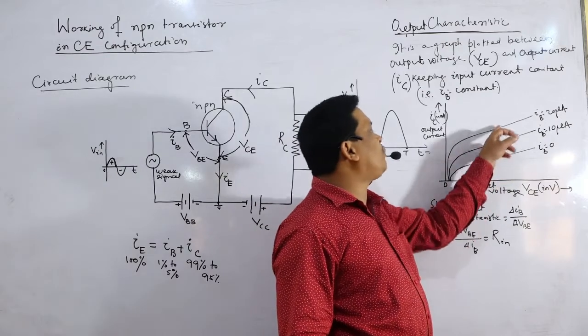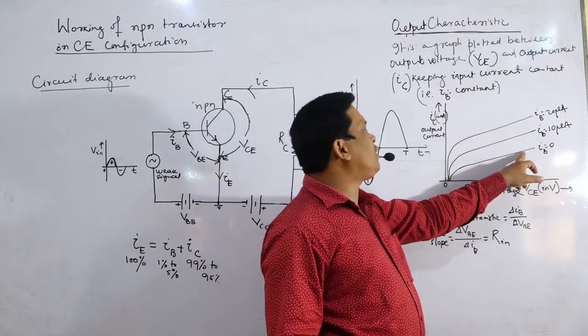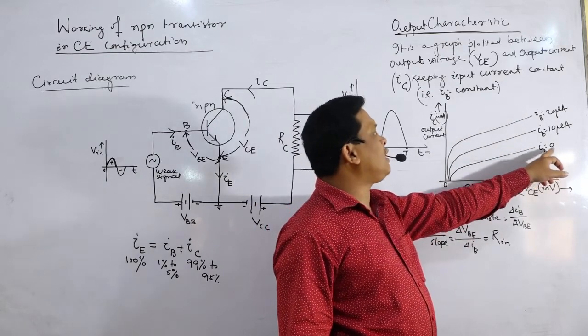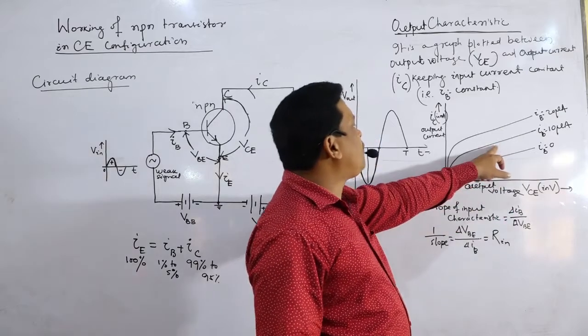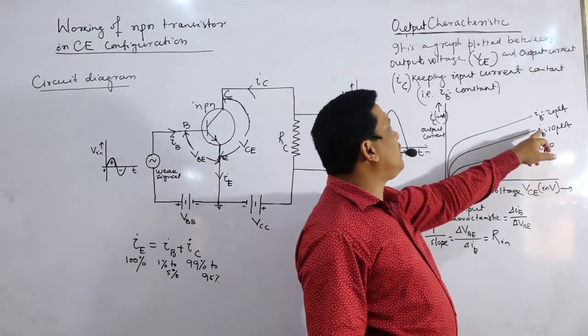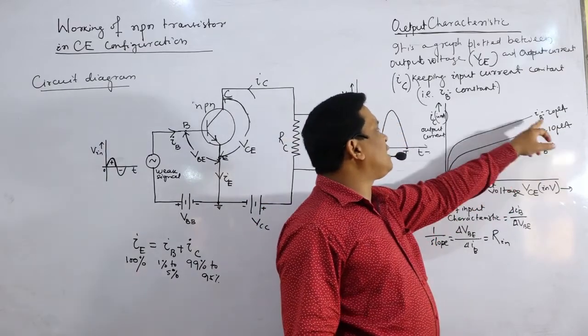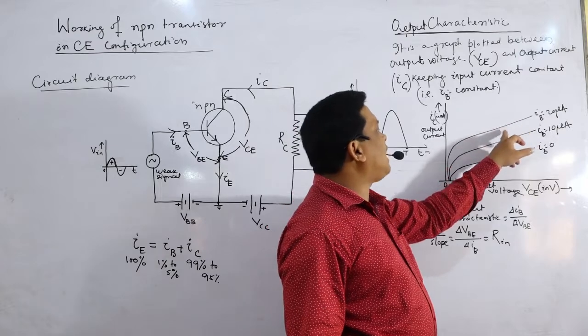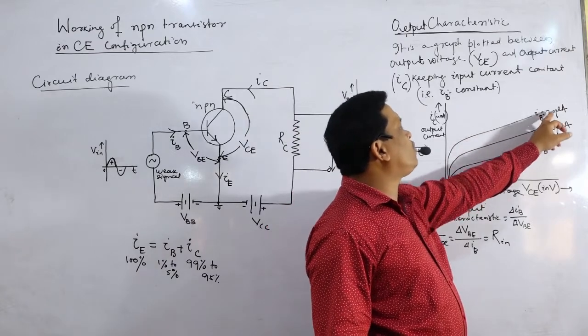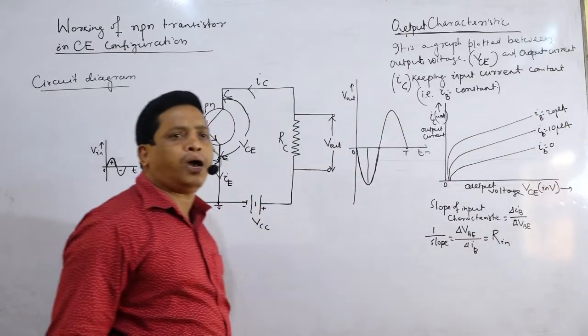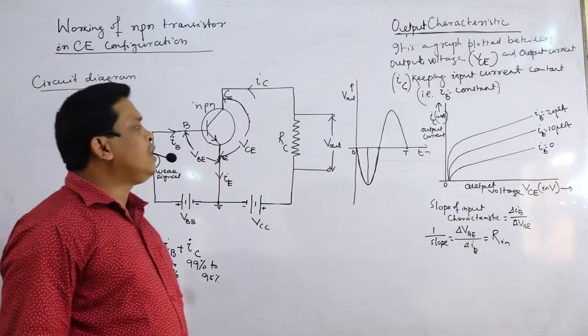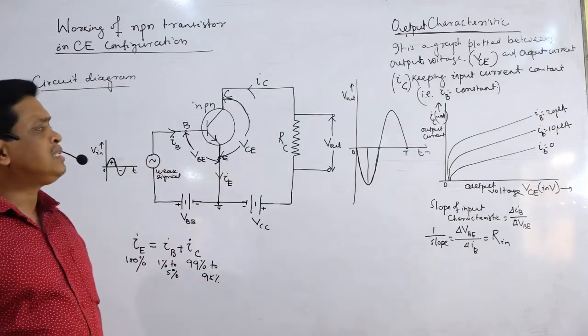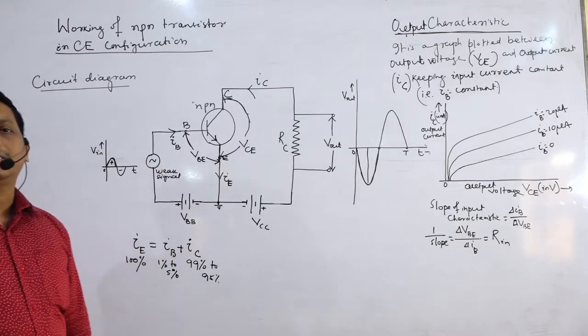Each one is an output characteristic: this is for base current equal to 0, this is for base current equal to 10 microampere, and this is for base current equal to 20 microampere.